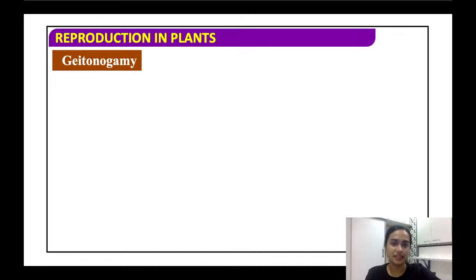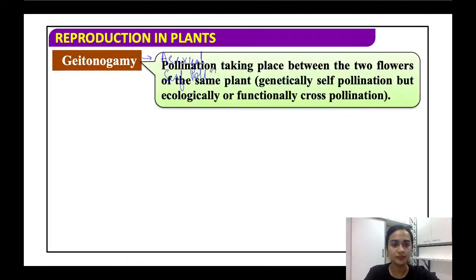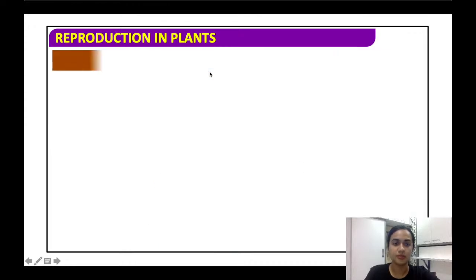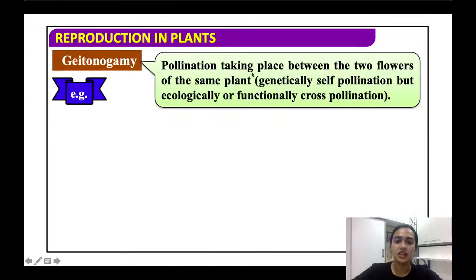Moving to the next type, geitonogamy. This is also an example of self-pollination. The pollination taking place here is between two flowers, but these two flowers are located on the same plant.